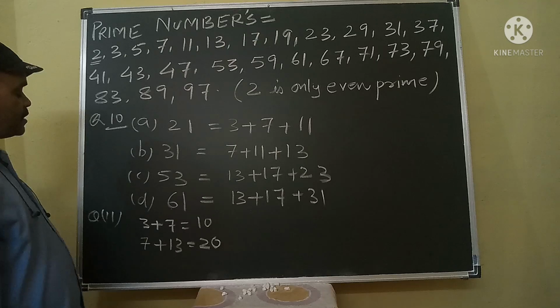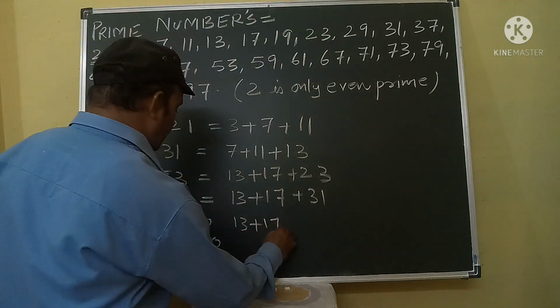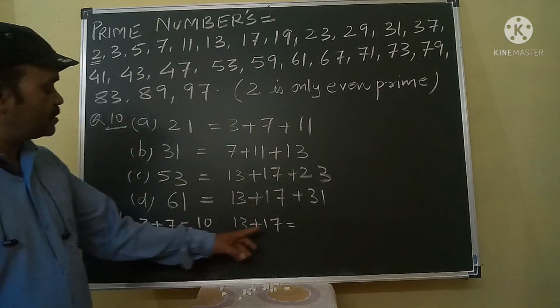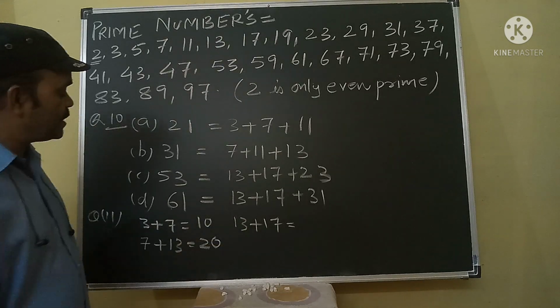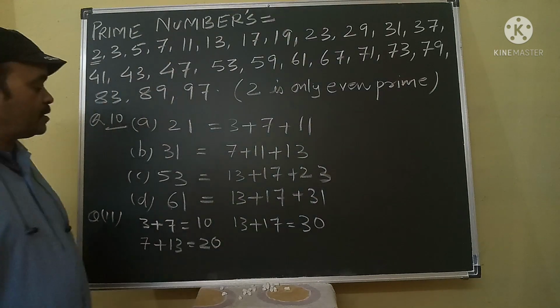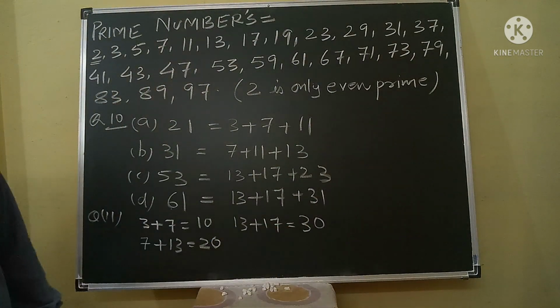Okay. The other pair is 13 and 17. 13 is less than 20, 17 is less than 20. 13 plus 17 is equal to 30, and 30 is divisible by 5.